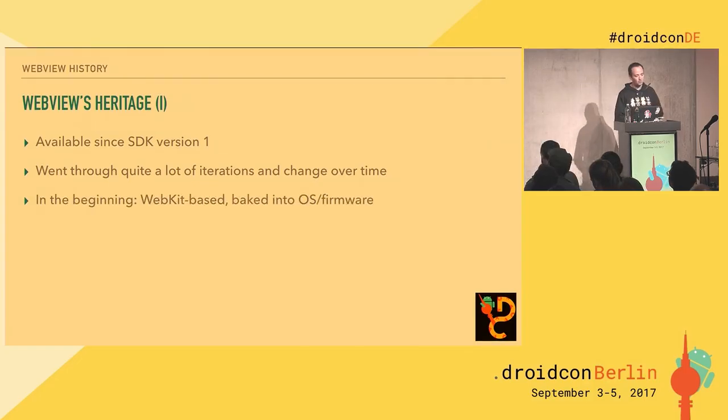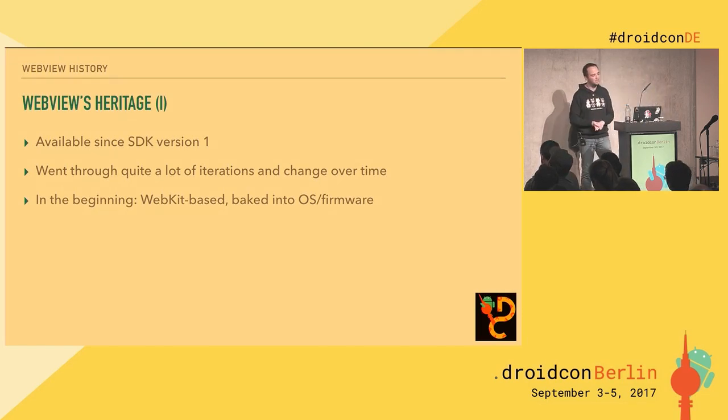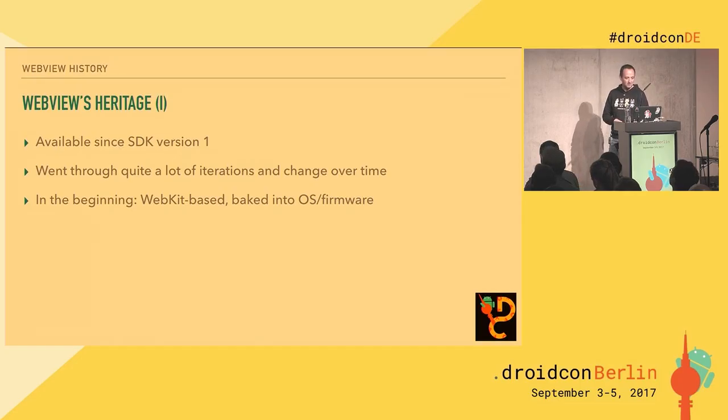In the beginning, though, the Webview was WebKit-based. And everyone who's around in the web technology side of things a little bit knows that WebKit is kind of Apple, Safari, iOS-y, essentially. We'll get to that in a second, basically.